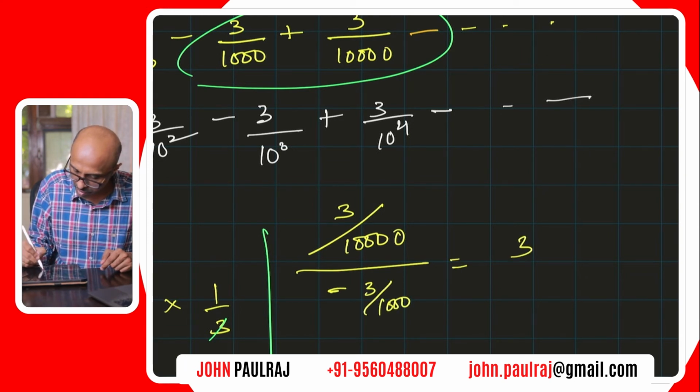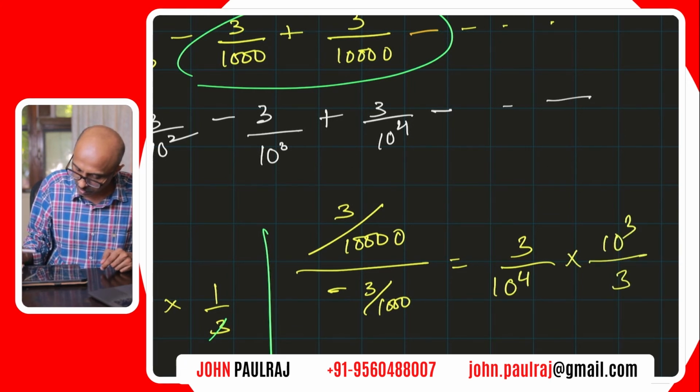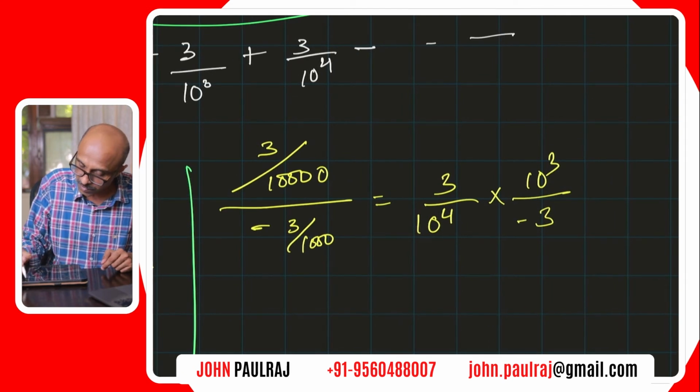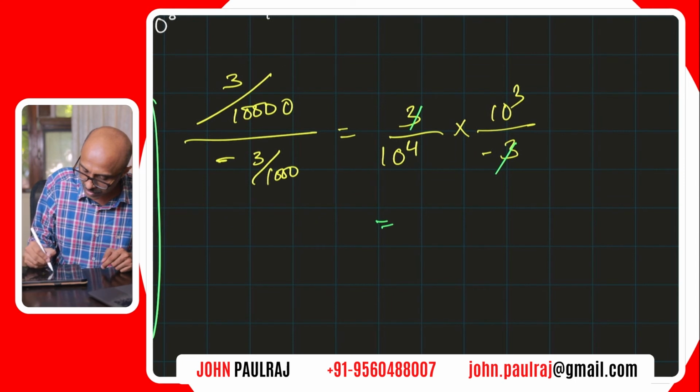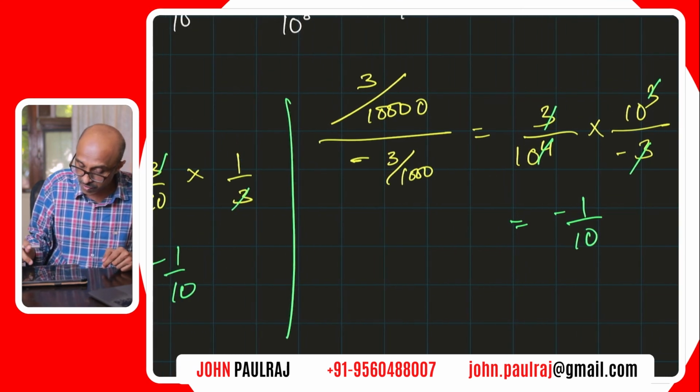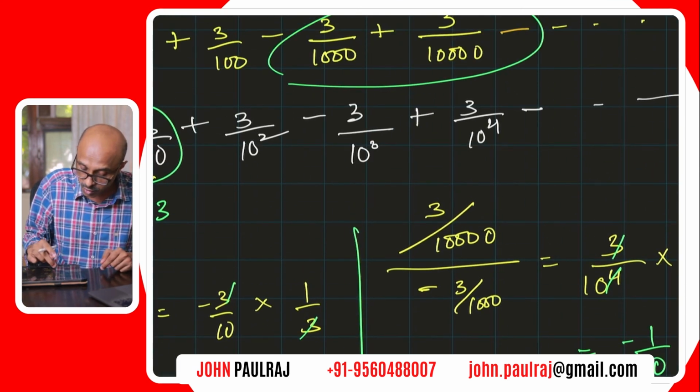So what do I have? 3 over 10 to the power of 4 multiplied by 10 to the power of 3 over 3. There's a negative 3, by the way. So those factors of 3 cancel off, and the 10s will cancel off. So you get negative 1 over 10 again as the ratio of the fifth term to the fourth term.